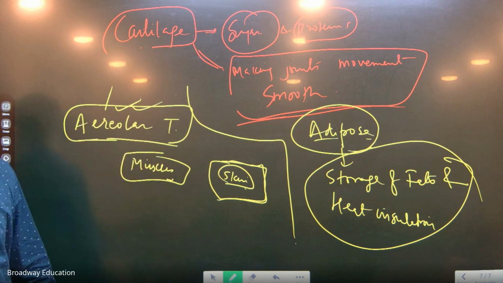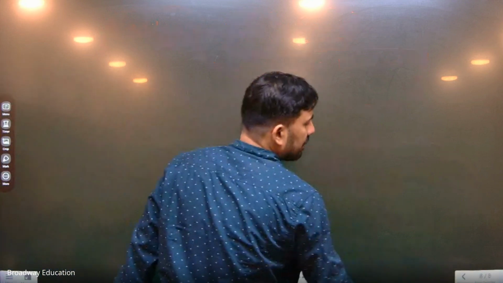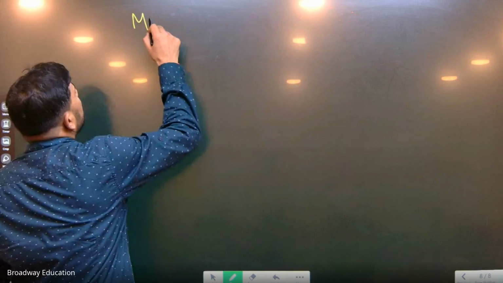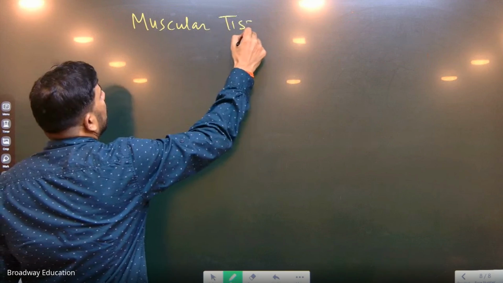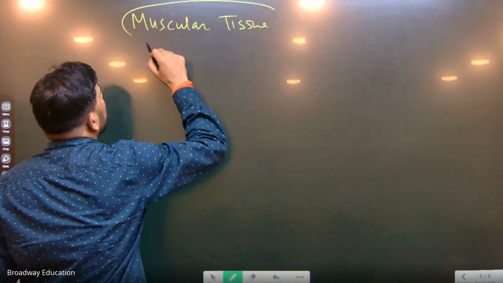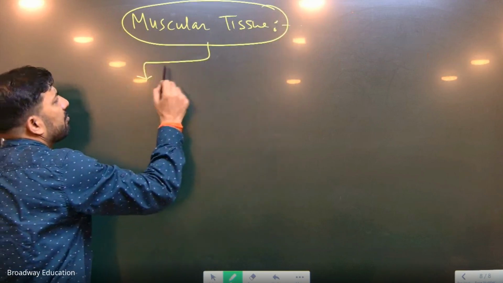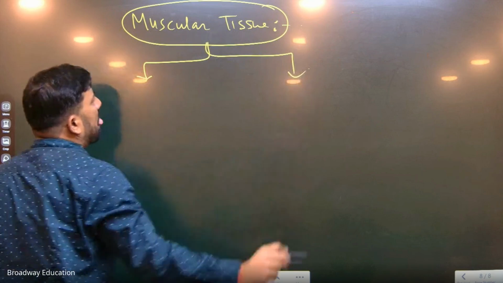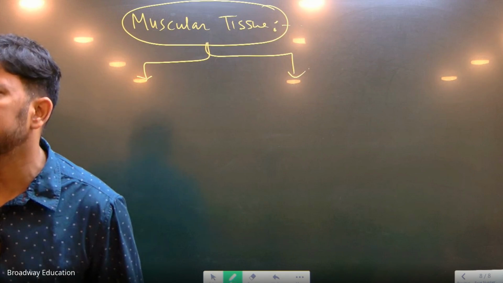After this, muscular tissues. In the muscular tissues, we discussed two types of broadly classified tissues. Which are these two types?